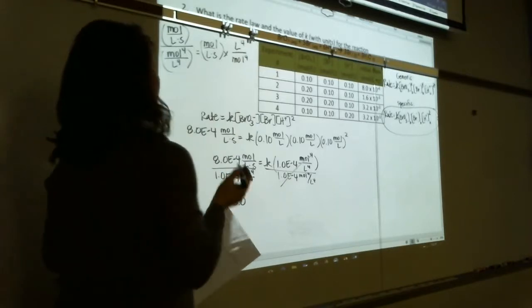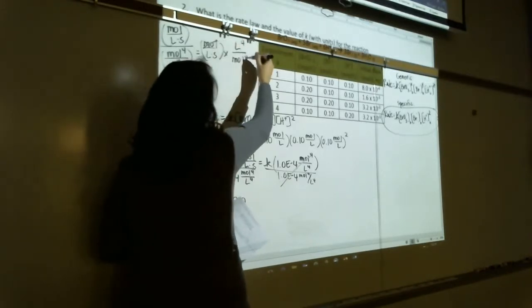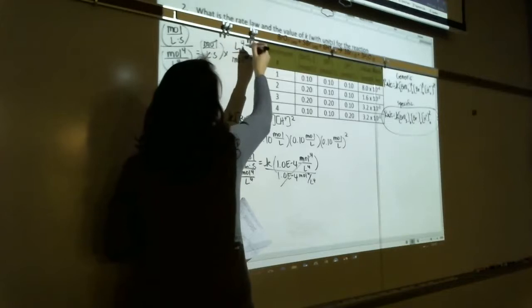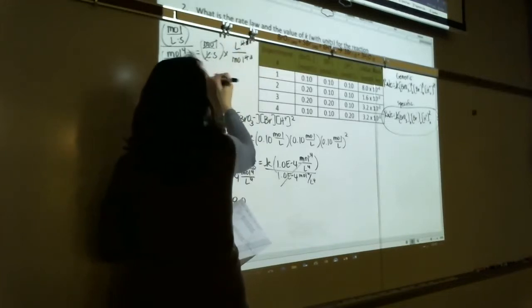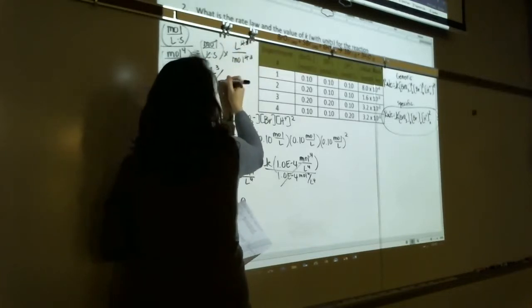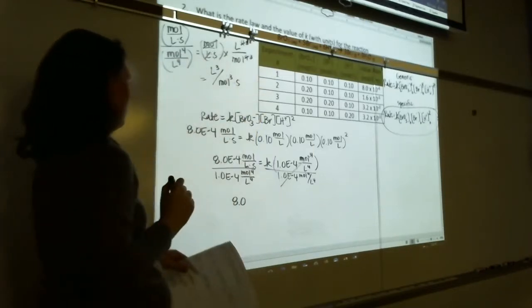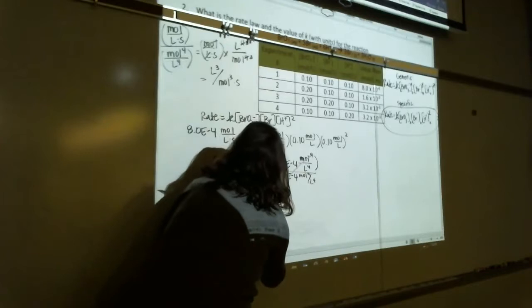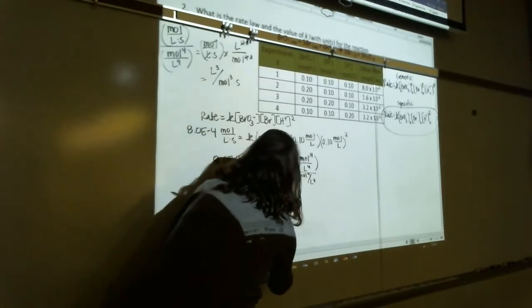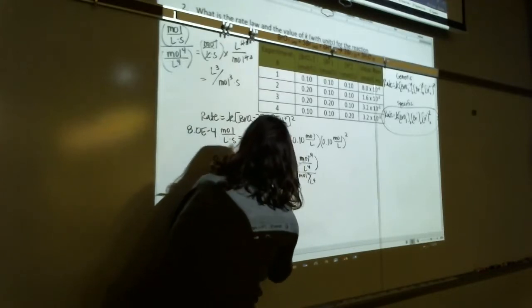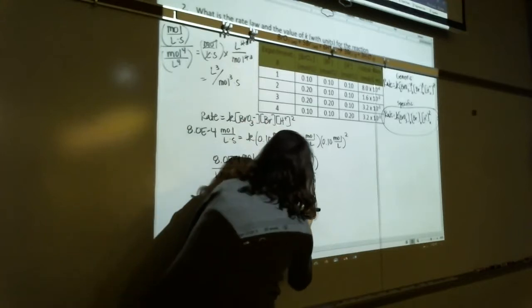So what happens when I multiply these things? That goes away and that becomes a 3. That goes away and that becomes a 3. So that gives me liters cubed per mole cubed second as my units, and that equals K.